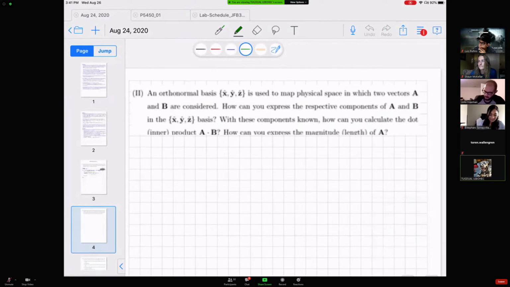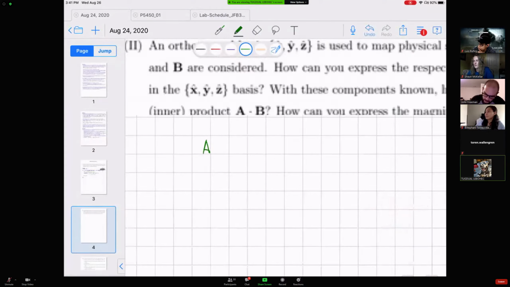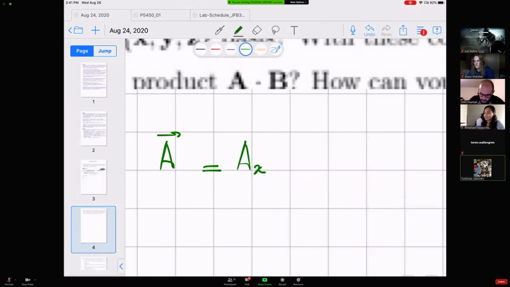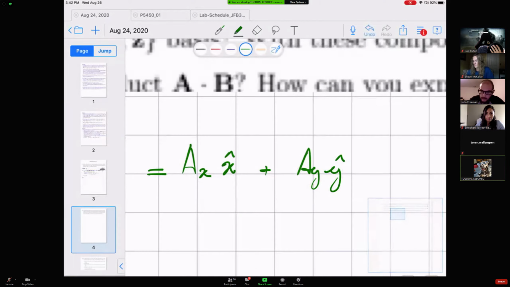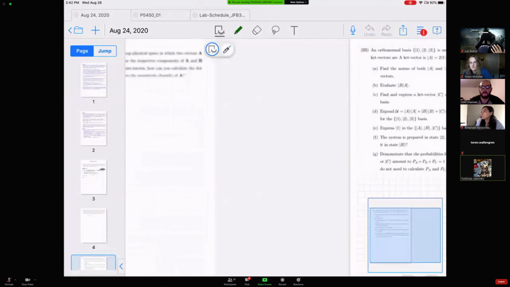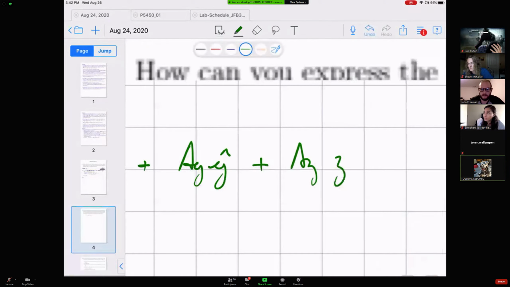So we have this basis x, y, z, and what we discussed earlier is that one vector a we can write as a sub x x hat plus a sub y y hat plus a sub z z hat.